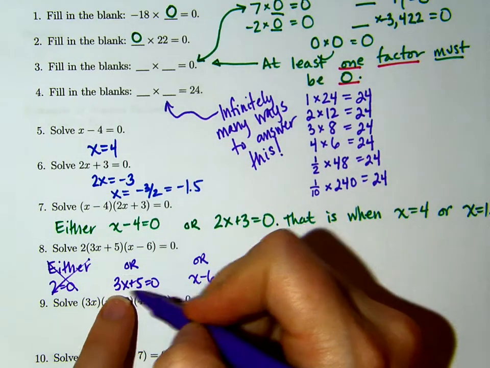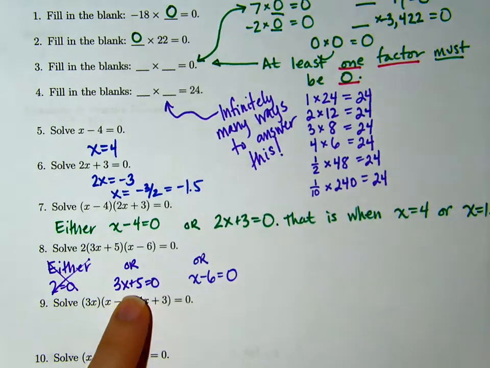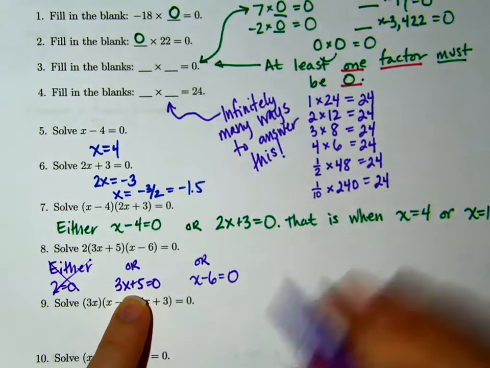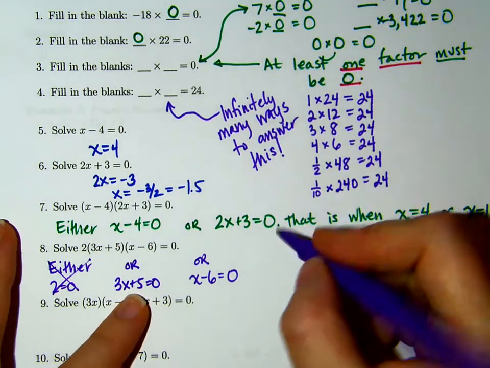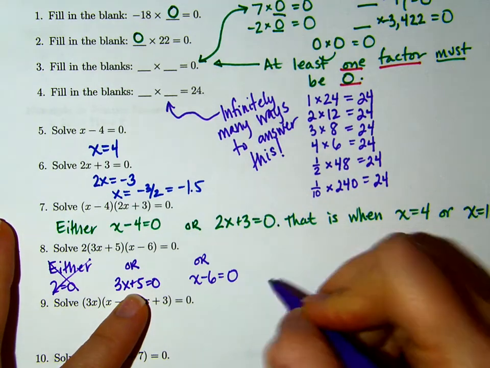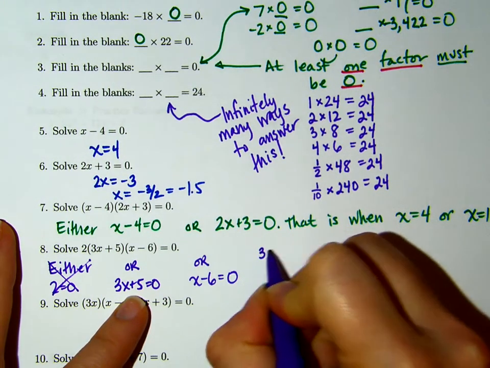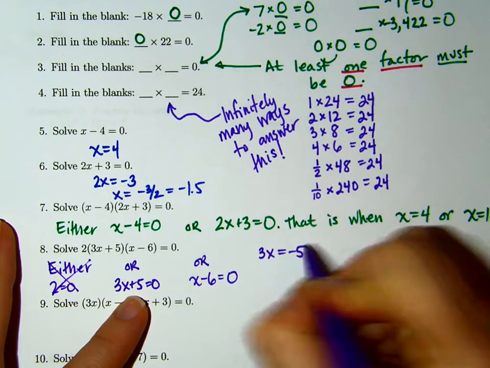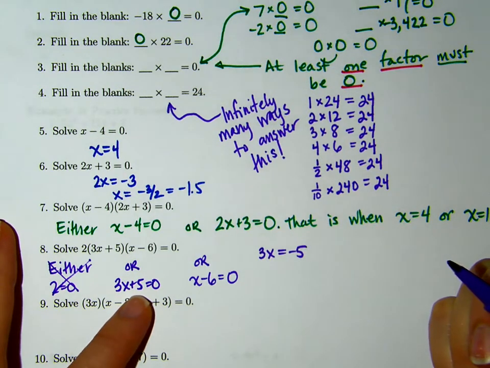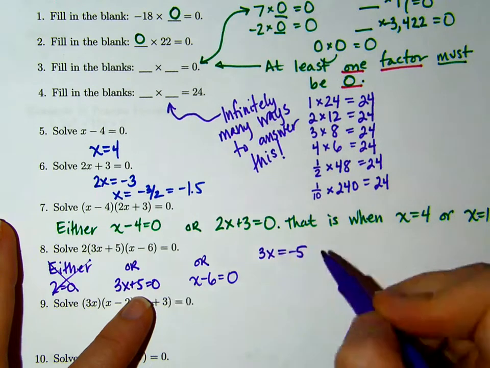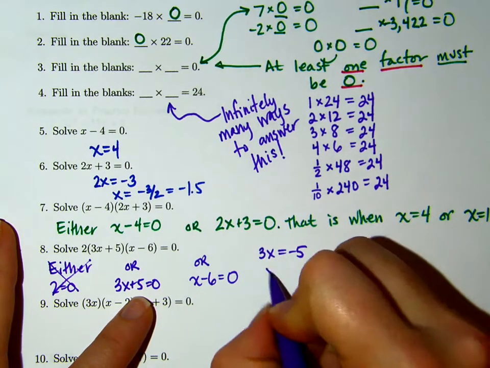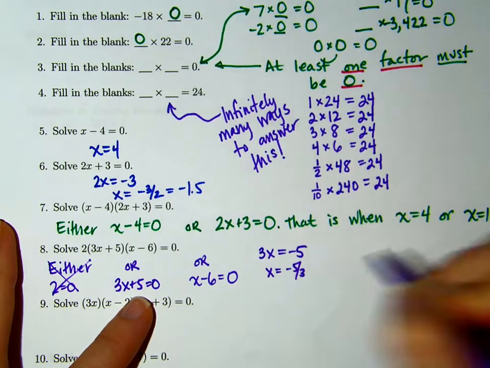Or 3x plus 5 is equal to 0. We can solve that. Let's see. That means that 3x has to be negative 5 because negative 5 plus 5 is 0. And scale it down, x equals negative 5/3.